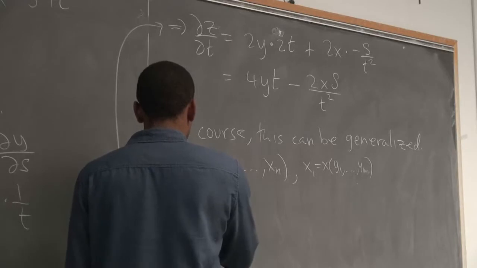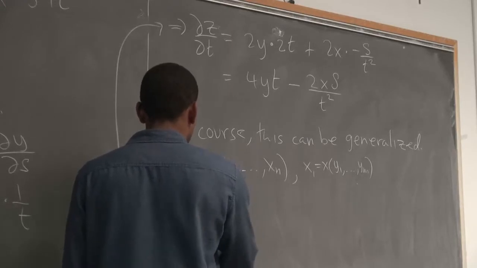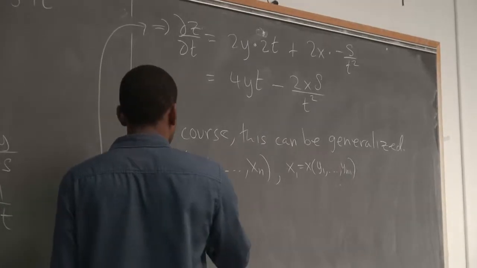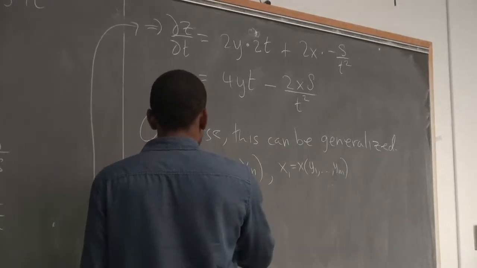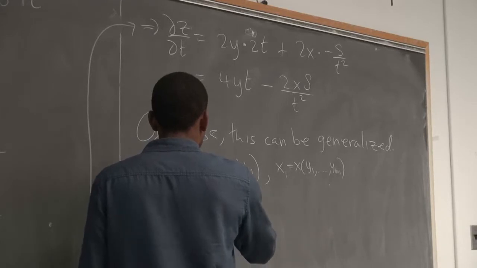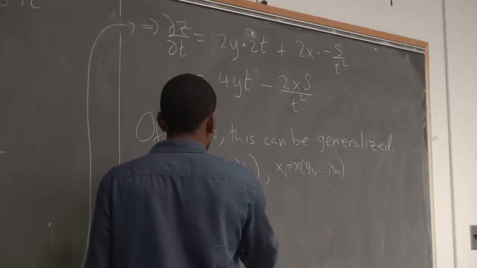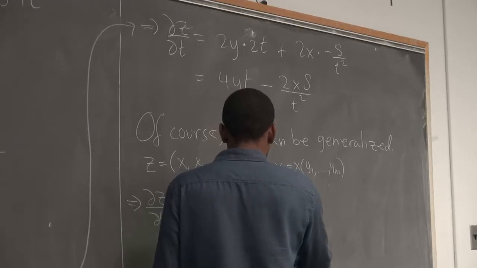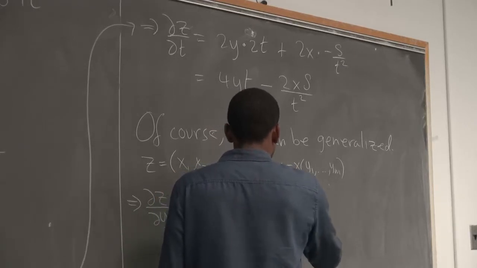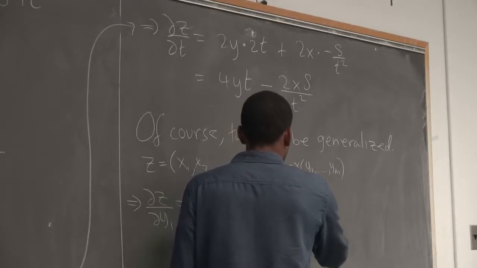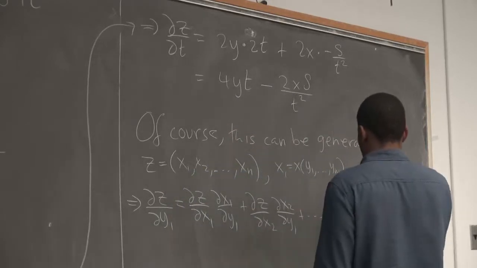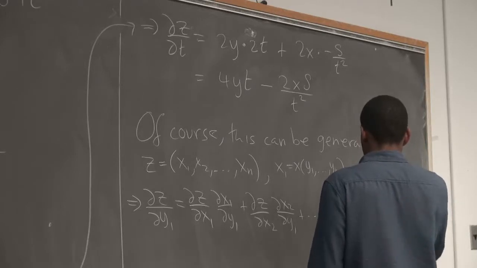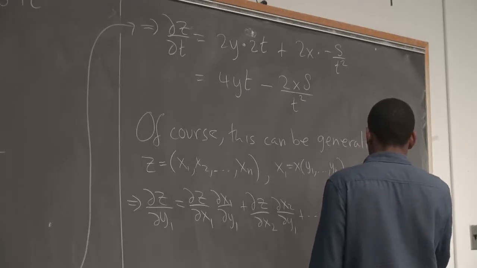Then you can say the partial of z with respect to one of these y's, like y1 for example, is going to be partial z, partial x1, times partial x1 with the partial of that y, plus partial z, partial x2, times partial x2 with the partial of that y, and so on, up to partial z, partial xn, times partial xn with respect to that y.